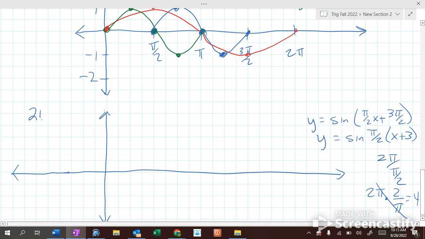So what's going to happen is my normal sine curve is going to be regular numbers. 1, 2, 3, 4.